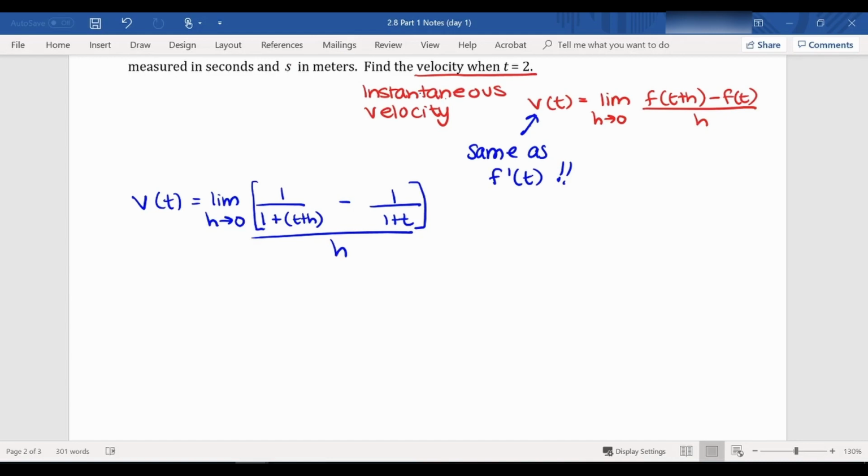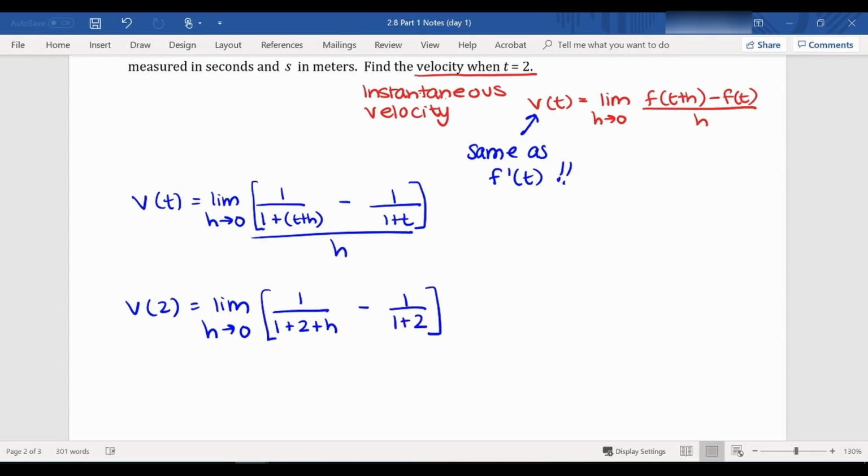Okay. I'm going to plug t is 2 in now. If you look at the examples posted online, the PDF answers, I've shown the algebraic method where we don't plug 2 in until the end. So if you want to see the other way, take a look at the PDF. So if I want to find v of 2, this is going to be the limit as h goes to 0 of 1 over 1 plus 2 plus h minus 1 over 1 plus 2.